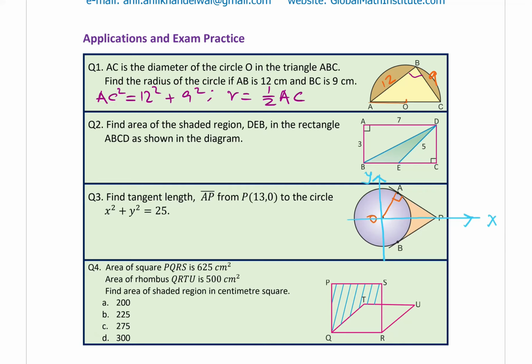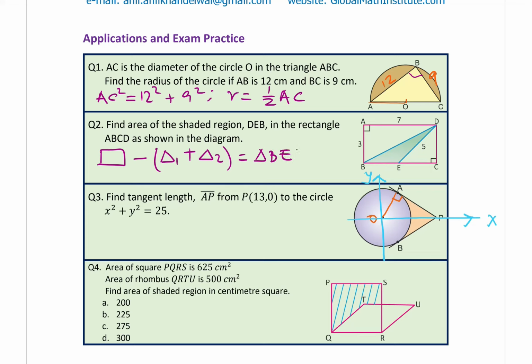In question number 2, the area of the shaded region DEB is what you need to find, right? Now, the area of the whole rectangle is 7 times 3, right? So we can say the area of the rectangle minus the area of this small triangle, and these 2 triangles, is equal to the area of triangle BED.